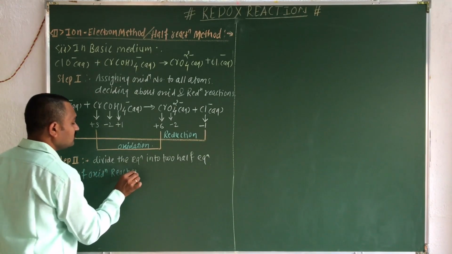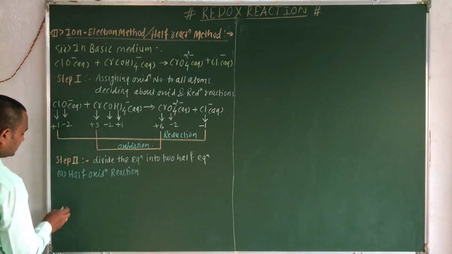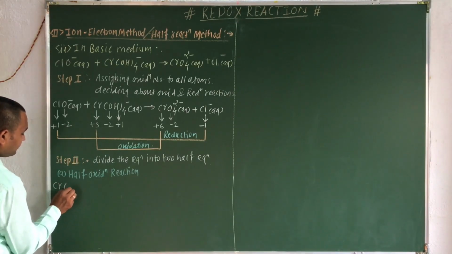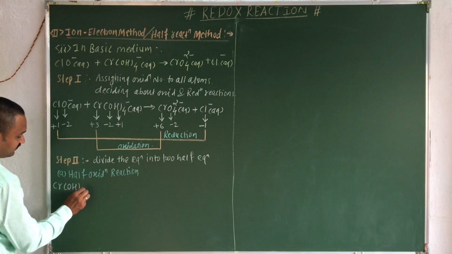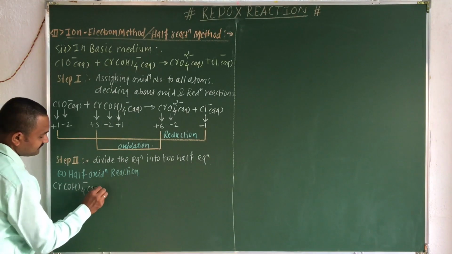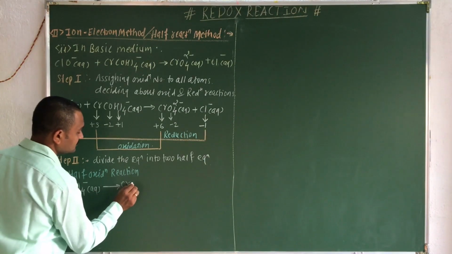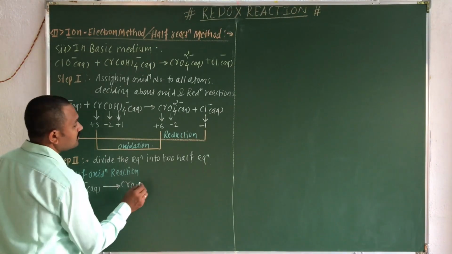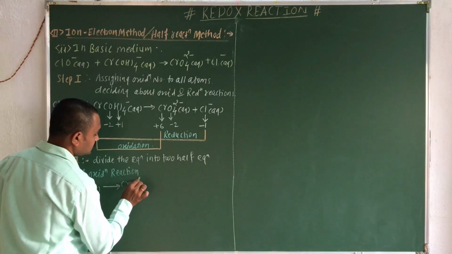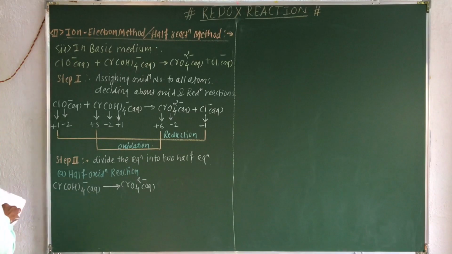Which is that oxidation reaction? It is very simple: Cr(OH)4 minus aqueous gives CrO4 2 minus aqueous. That is your half oxidation reaction.